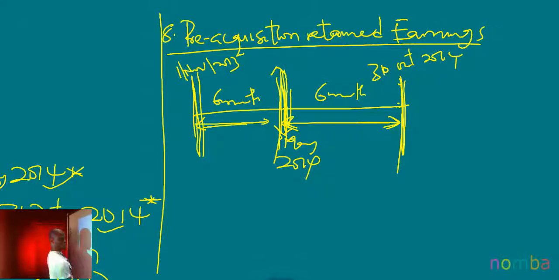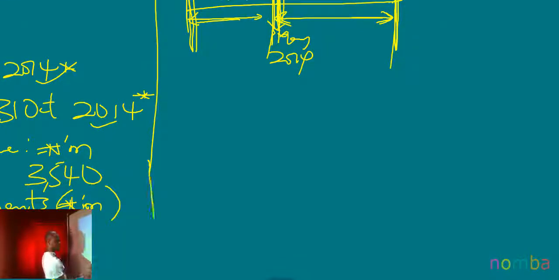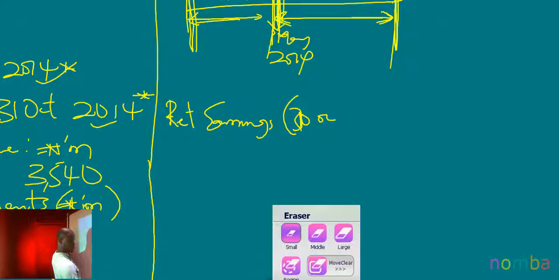So that means for me to get my pre-acquisition retained earnings, I will need my retained earnings at 31st October 2014, as given in the question.